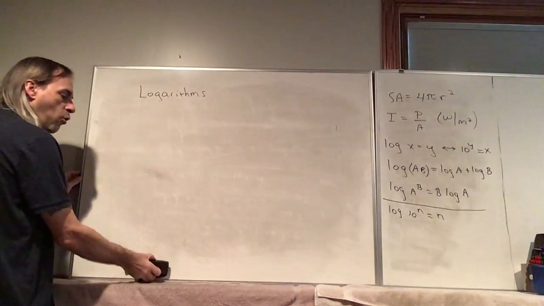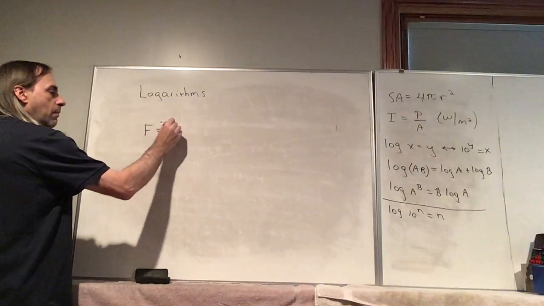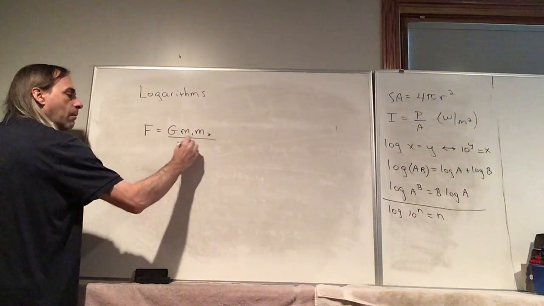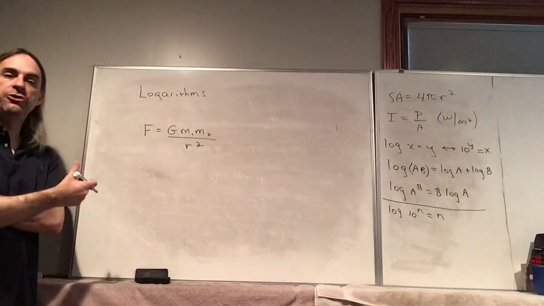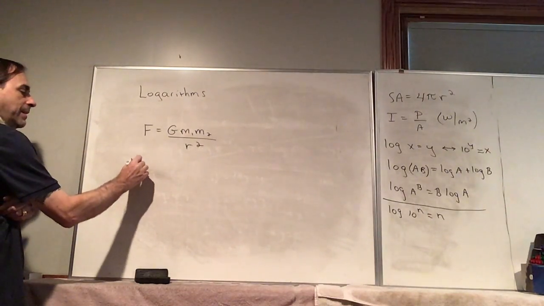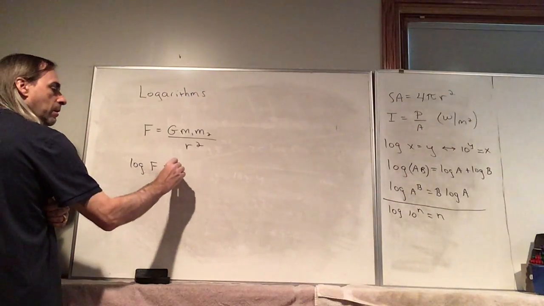Let's say you want to know the force between two masses. This involves multiplication, division, and exponents. If we take the logarithm of both sides, I'm just going to write out the answer.